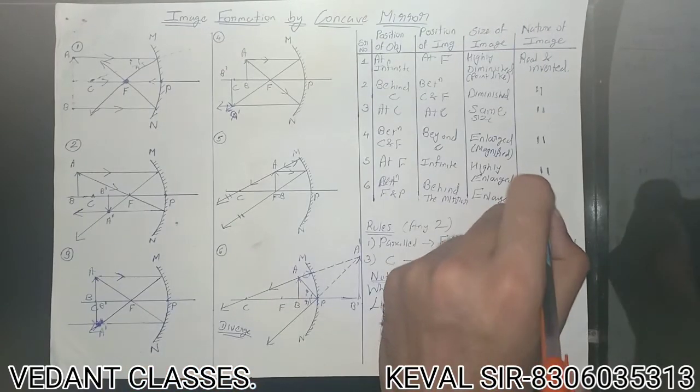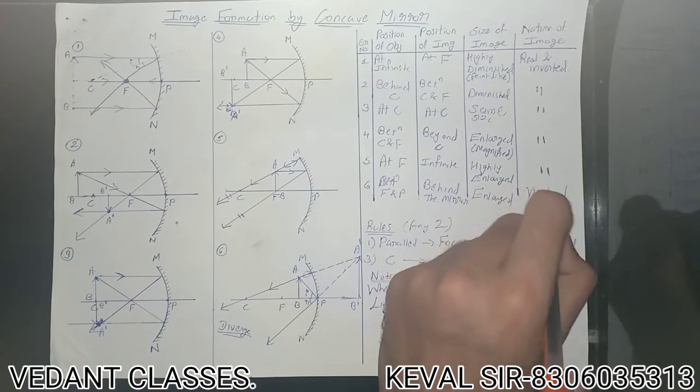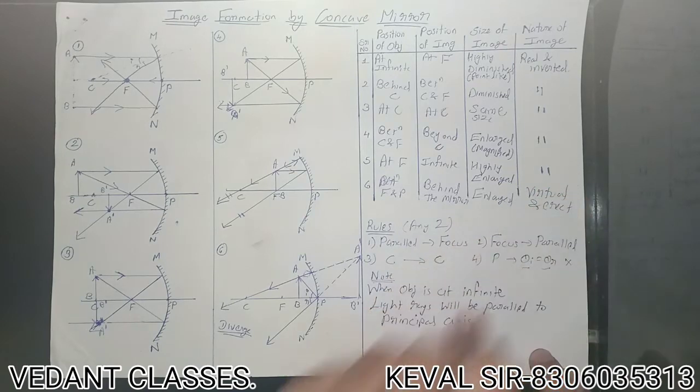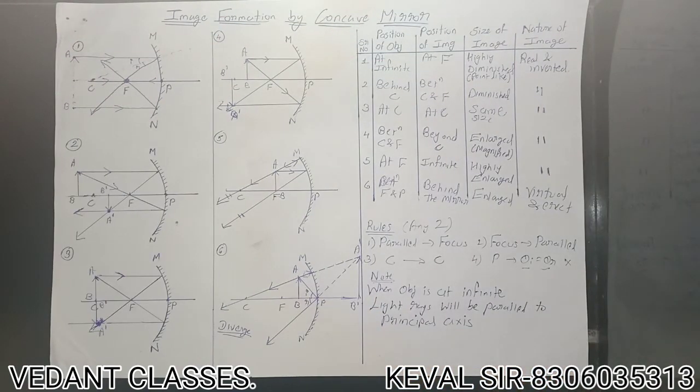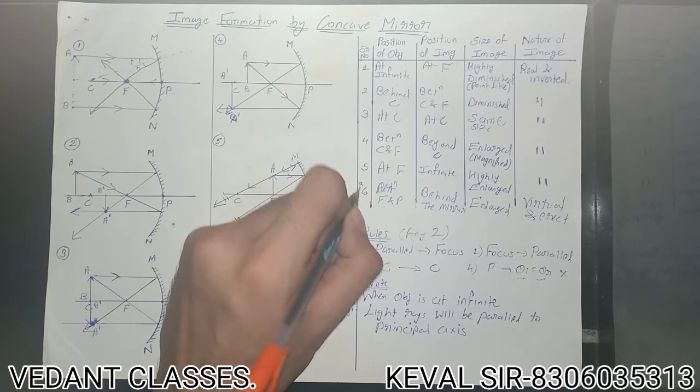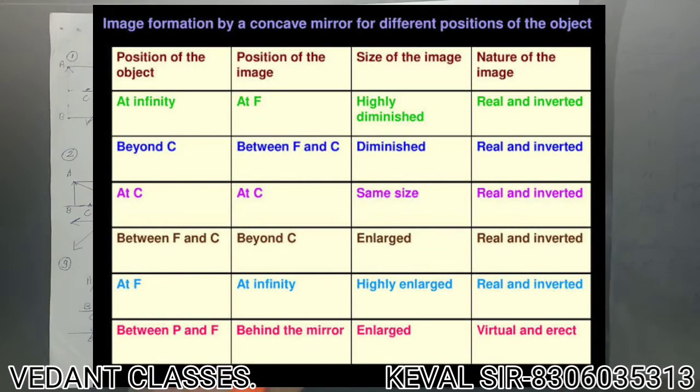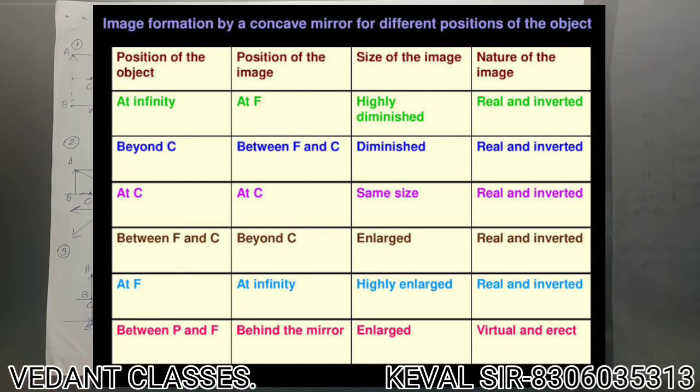So this image is virtual and erect. Okay, so always remember that in the sixth case you will get a virtual and erect image, and in all the rest of the 5 cases you will get a real and inverted image. So this is the image formation by the concave mirror.